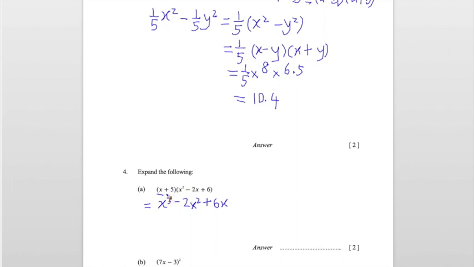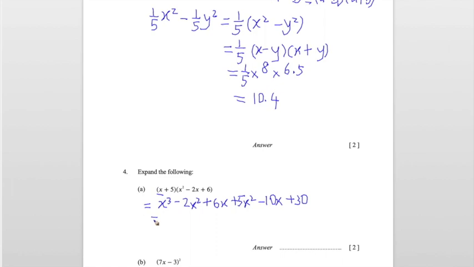Next, we take 5 and multiply every term in the second bracket by 5. So x squared times 5 is 5x squared. And that is minus 10x and plus 30.